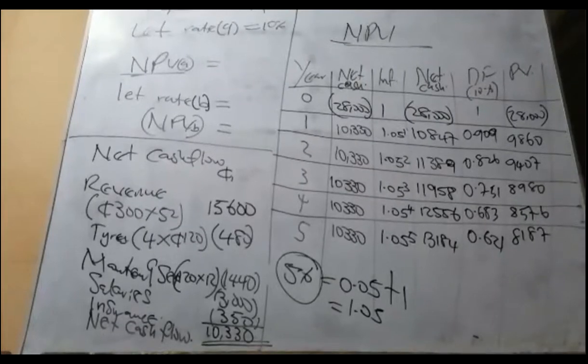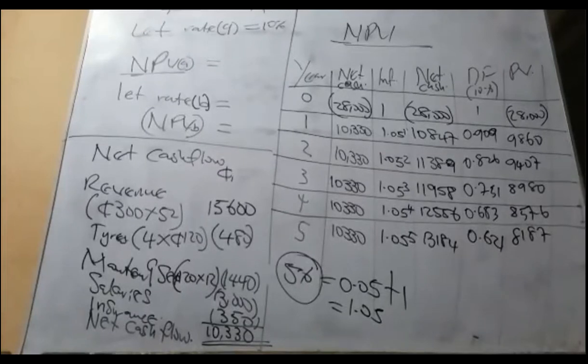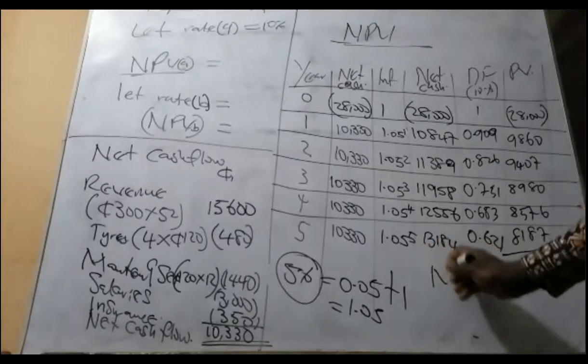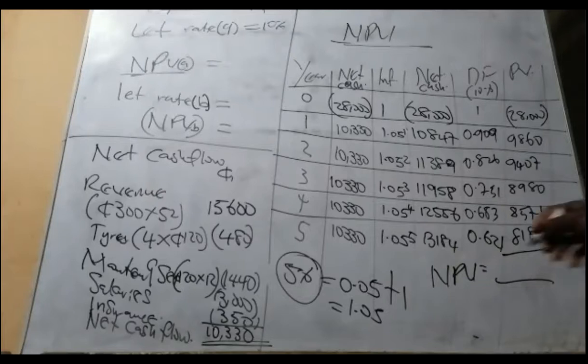Now basically that is the present value. So now sum all this up. Add all this and let's see the NPV. So let me write here NPV. This will be the NPV A, the first NPV. So what do you get for the first NPV?